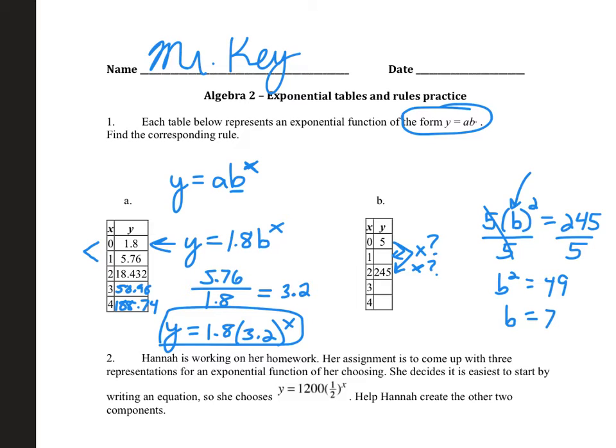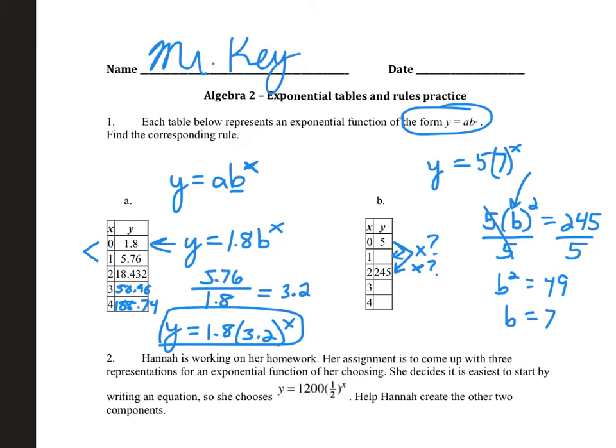Now that's the mathy way, the equation way to do that. You could have worked that out other ways, trial and error, or some other method. But we did end up getting our b value, which means that the repeated multiplier is 7 to the x, and we're starting with 5 in this case. So 5 times 7 to the x.